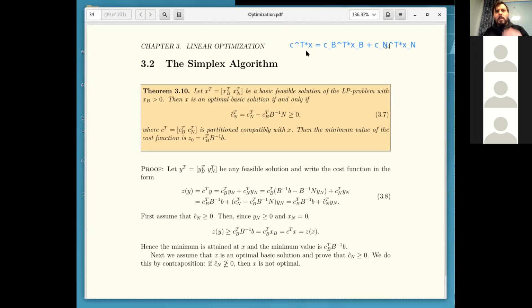Okay, good. So basically what we have here is this, we combine this cost into two parts. And it's an optimal solution if this latter part there, the Cn transpose times Xn, whenever we move Xn, whenever we move this point, the net change in this cost function is positive.